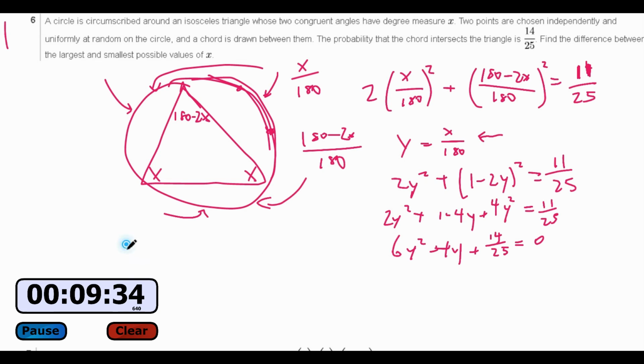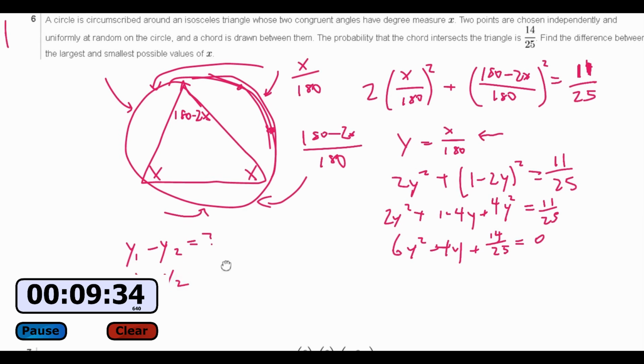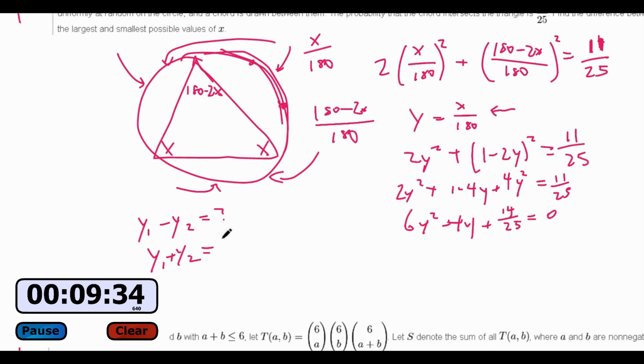So let's let y1 and y2 be our roots, and we want to find y1 minus y2. Well, we do know that y1 plus y2 is equal to 2/3 by Vieta's, and y1 times y2 is equal to 14 over 25 divided by 6, which is equal to 7 over 75, again by Vieta's.